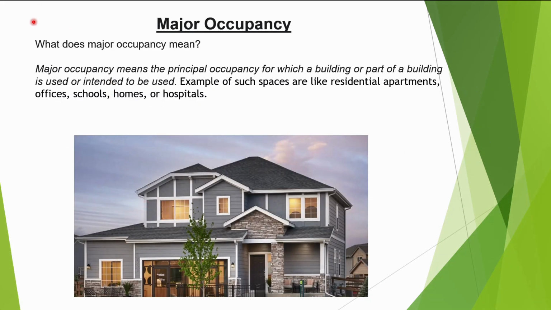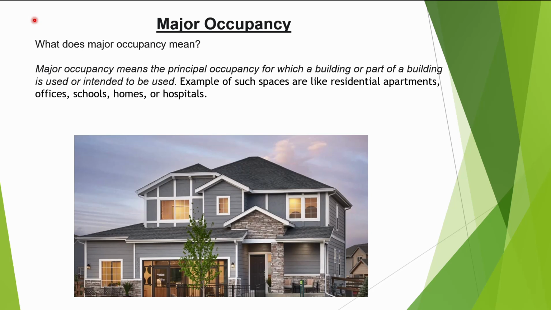Now, we talked about occupancy just now, but what about major occupancy? What does major occupancy mean? In the architectural world, you will hear the term major occupancy. Major occupancy means the principal occupancy for which a building or part of a building is used or intended to be used.